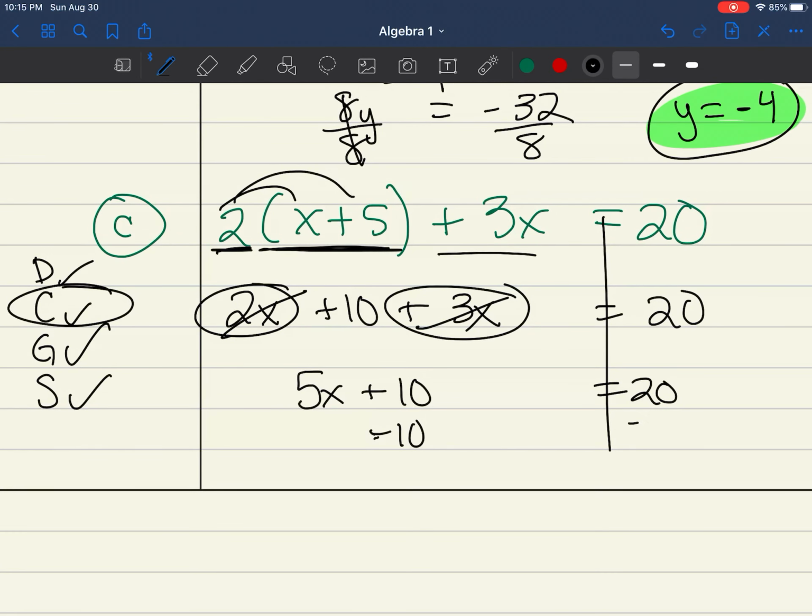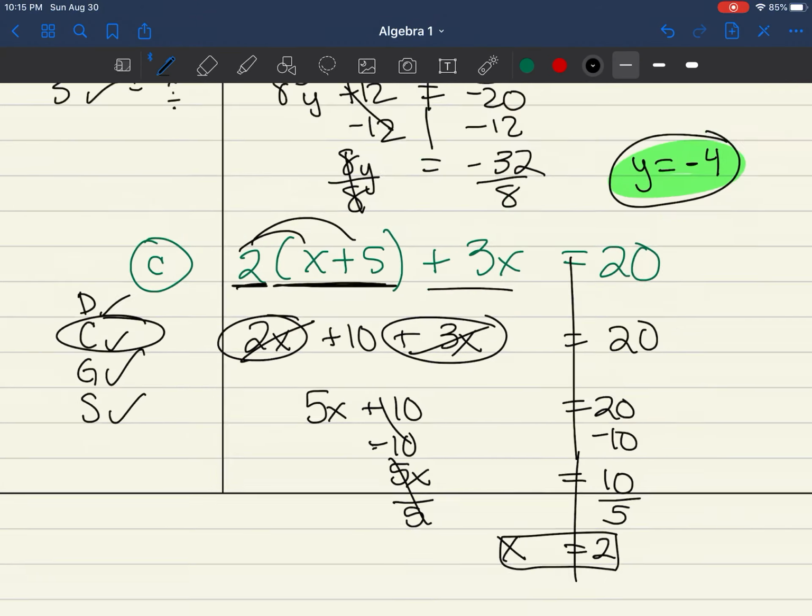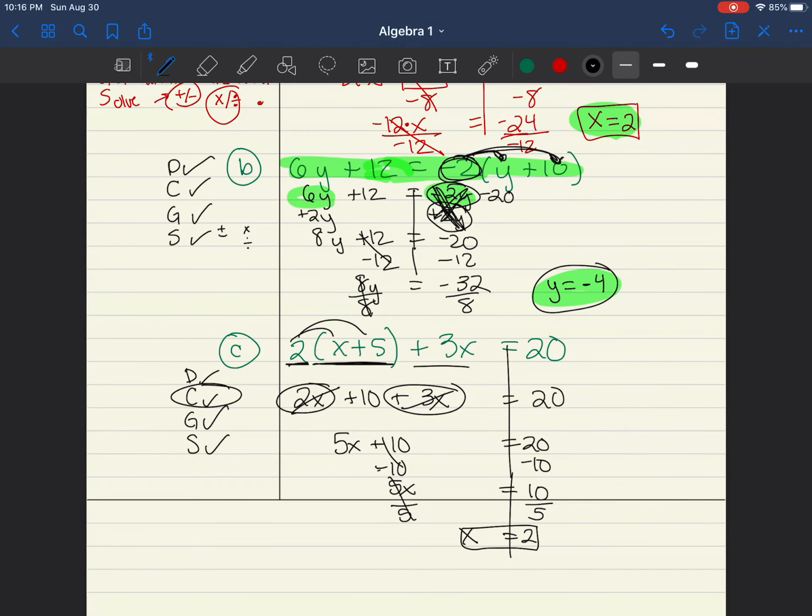Minus 10, 5x equals 10. We're going to divide by 5 here, and we're left with x on the left and 2 on the right. So going back and plugging that in for x would allow us to check if we are right.